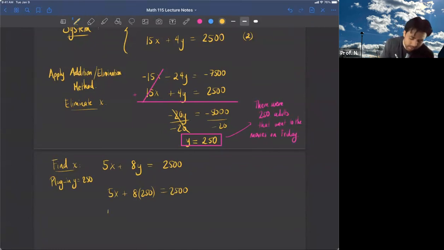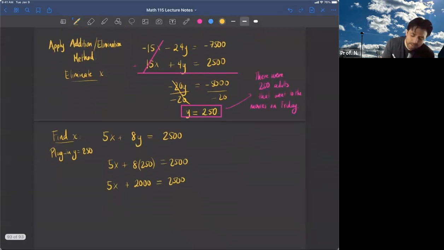So I get 5x plus what? 2000. That's right. So it's 2000 equals 2500. Subtract by 2000. Subtract by 2000. I get that 5x equals 500, which means that x equals 100.